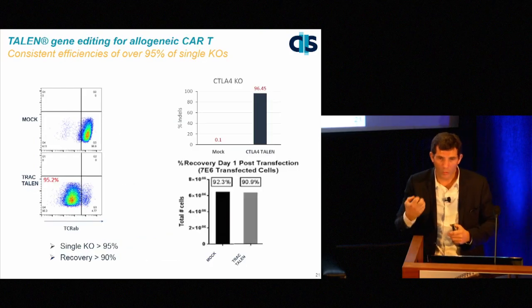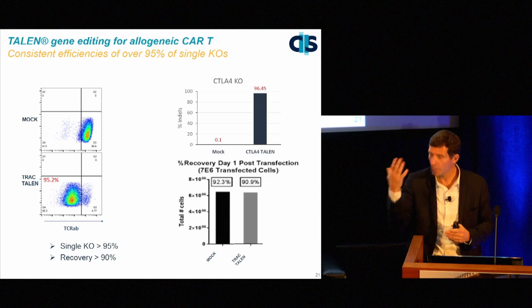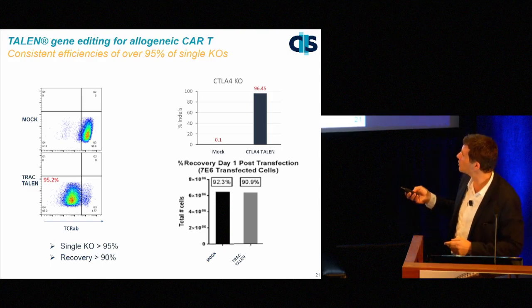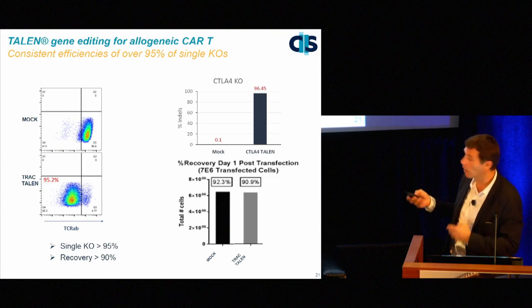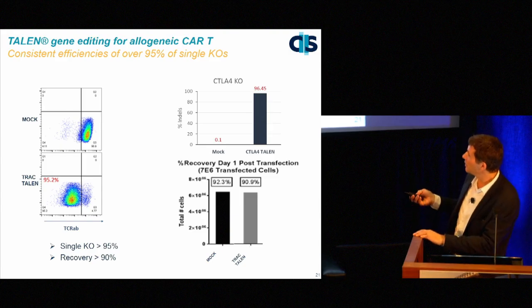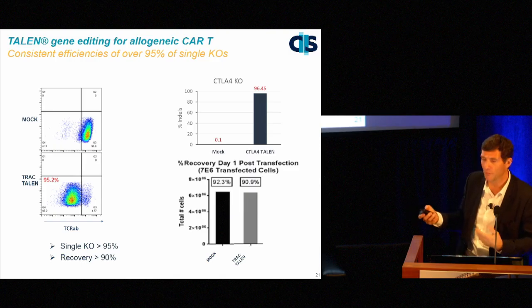Not only this, but also the engineering of the TALEN and the ability to cleave the target very efficiently is something that is important. Here you see that we have close to 95.2% DNA cleavage inside a T cell. If you have over 95% of signal knockout, what you need is a high recovery of the cell.